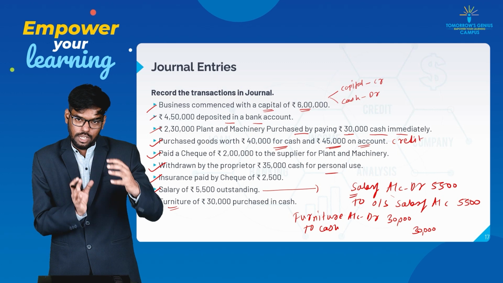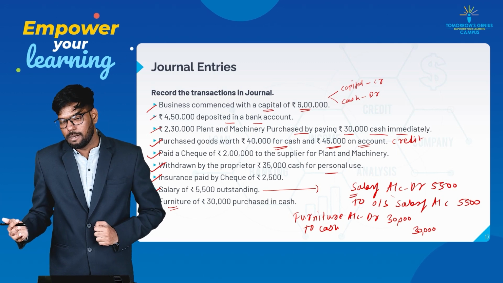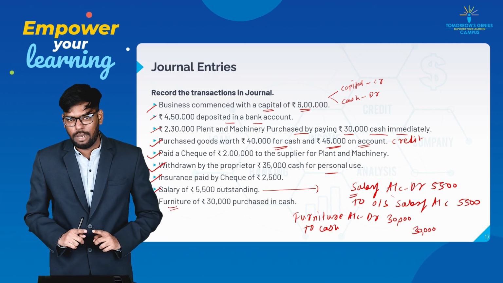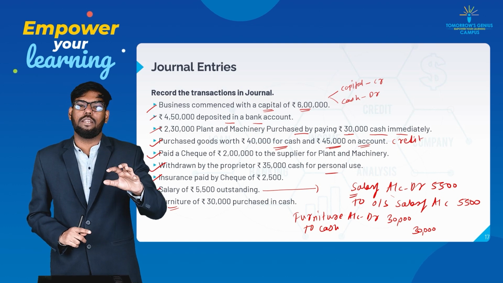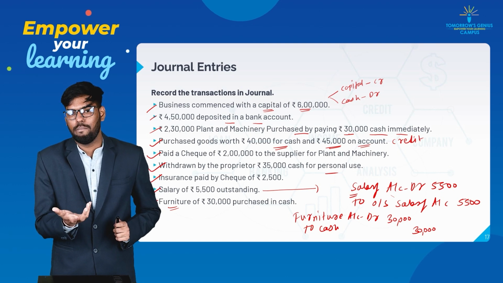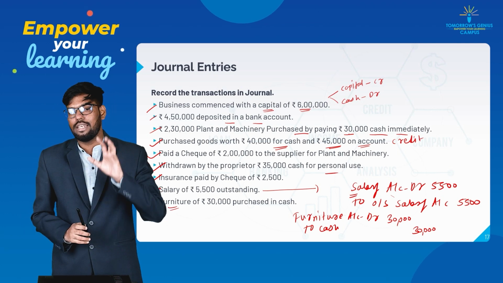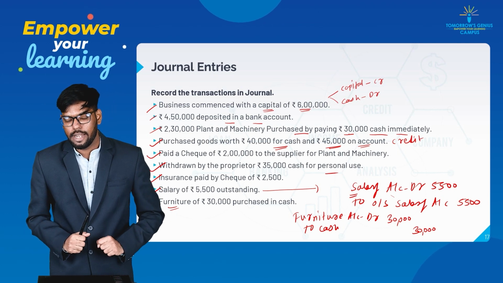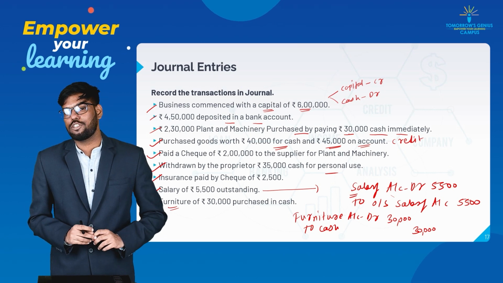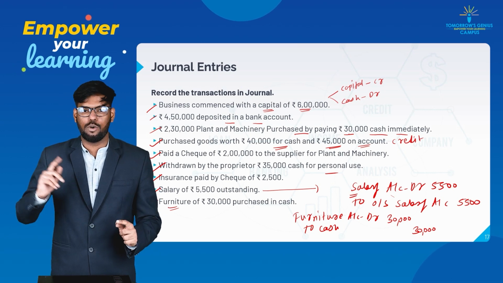right? And once you are done with the ledger accounts, the next step is the preparation of the trial balance. With the help of the trial balance, as a base document or base statement, you can easily prepare your financial statement, right? Your financial statement comprises the trading account, profit and loss account, and balance sheet.